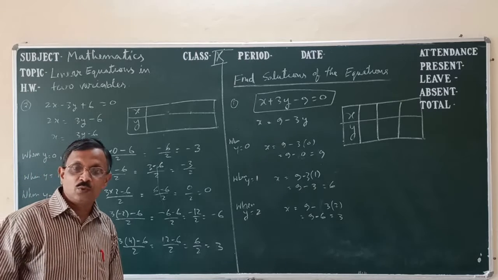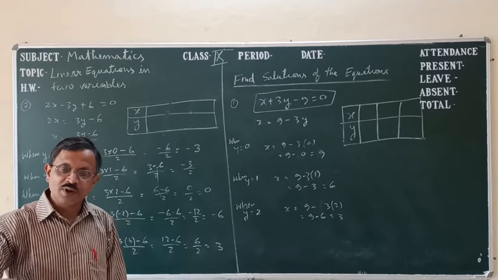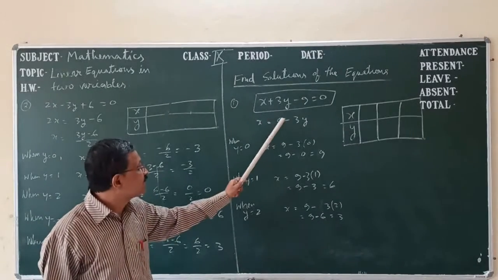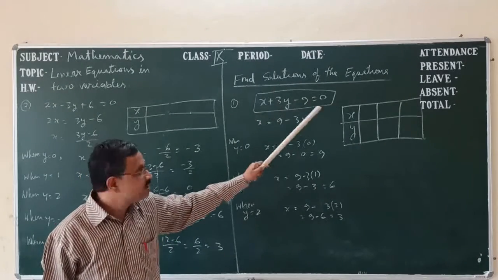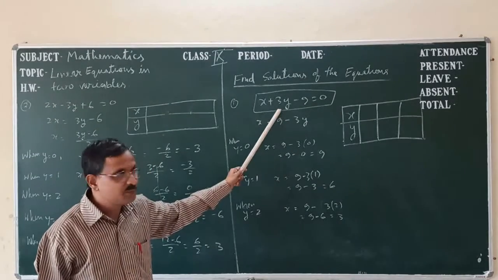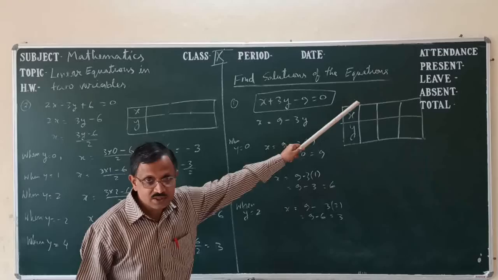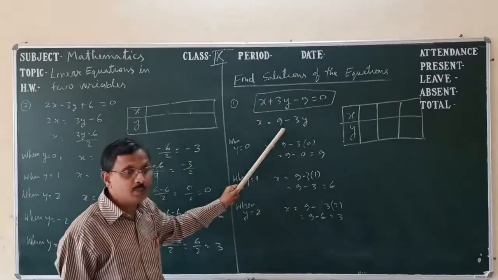First we represent one variable in terms of another variable. We write x is equal to something. That means 3y will shift to that side and become minus 3y, and 9 will shift to the right hand side and become plus 9.